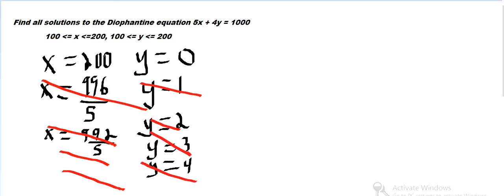But then if we have y equals 5, that would give 5x equals 980. So x equals 196. Just solve using algebra.